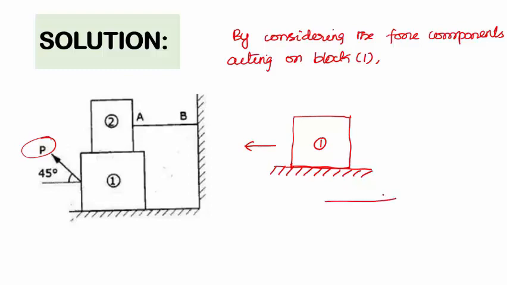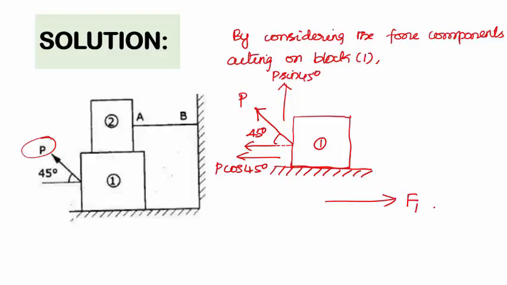So the direction of frictional force F1 will be along this direction. Here the force component P is in this direction with a horizontal inclination of 45 degree. So we can split this force into two force components, one along the horizontal direction P cos 45 degree and one along the positive y-axis direction P sin 45 degree.